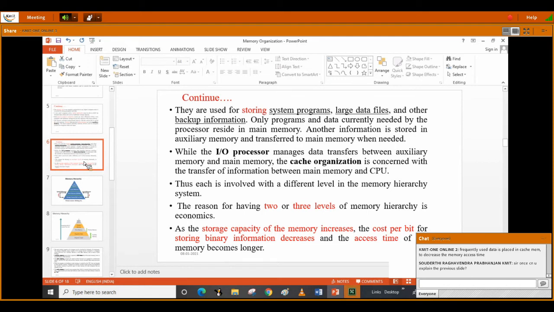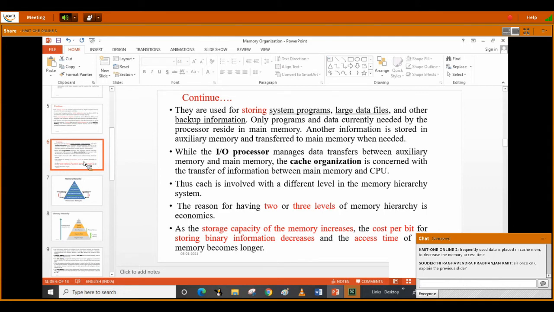Auxiliary memory and main memory. The cache organization is concerned with the transfer of information between the main memory and CPU. Thus, each is involved with a different level in the memory hierarchy system.